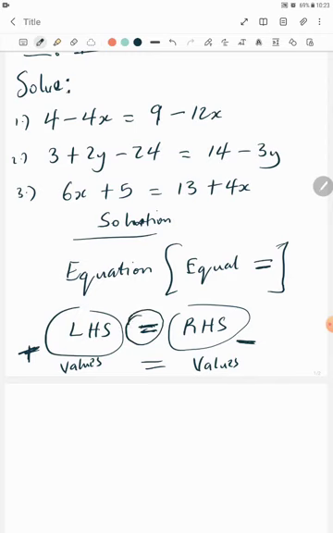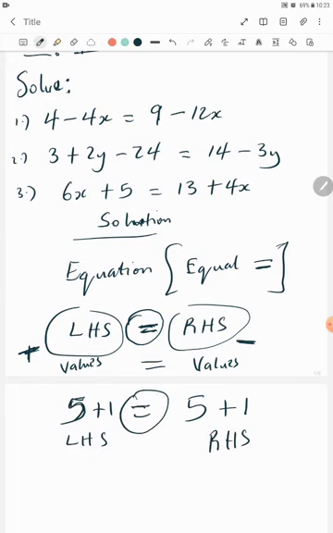Let's imagine that what we have here is 5, and we say this is equal to 5. If I'm adding 1 to this 5 on the left hand side, I must do the same thing to this 5 on the right hand side, because that's what keeps the meaning of this equal sign, that they are both equal.